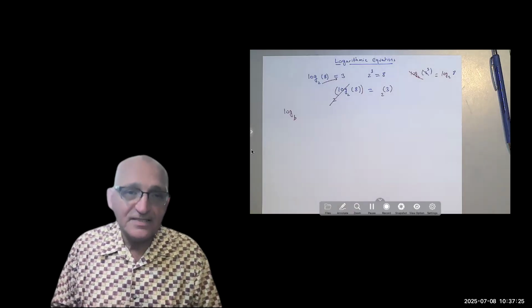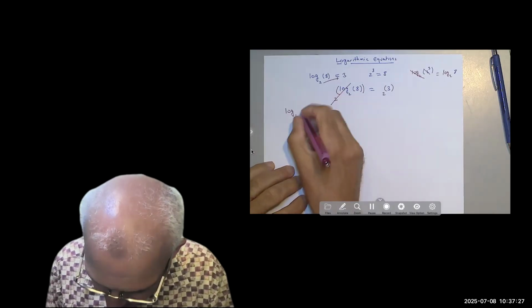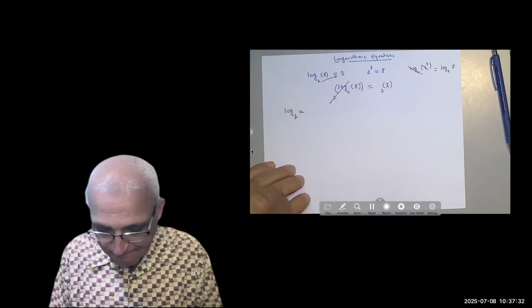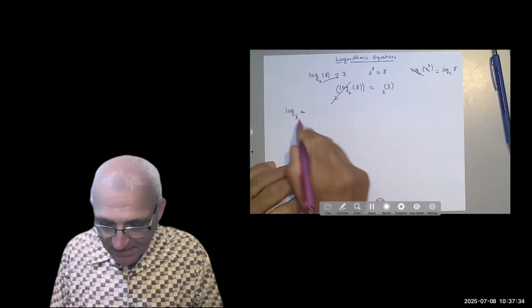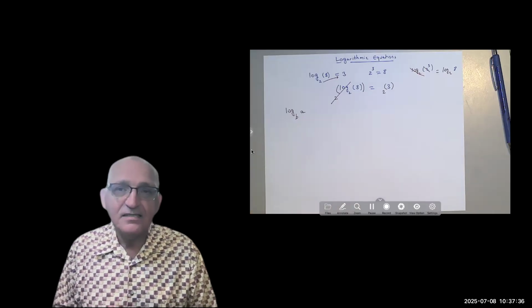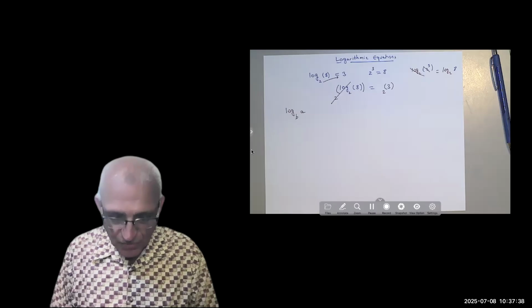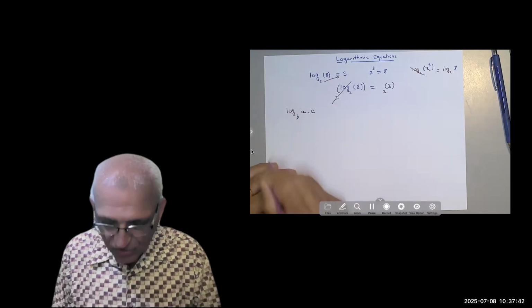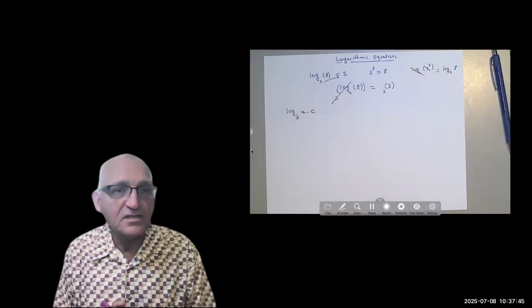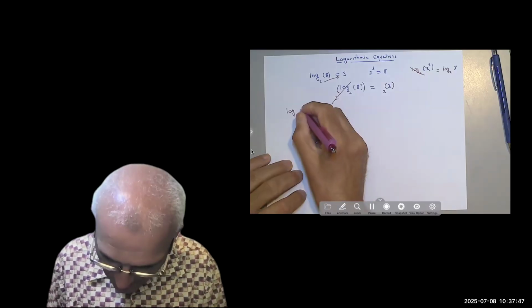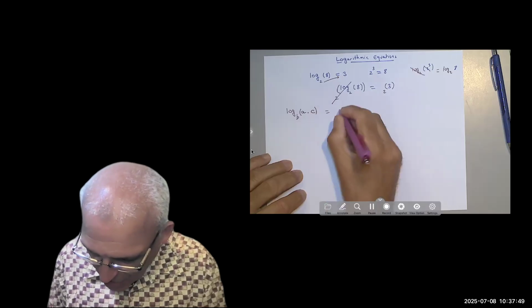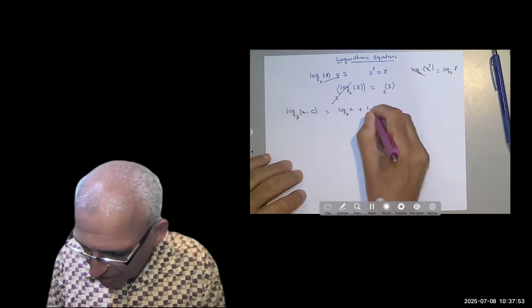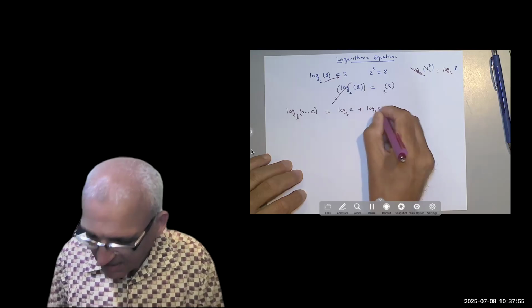So log to the base b of any number a, okay? But suppose instead of a, it's a times c. That becomes log to the base b of a plus log to the base b of c.